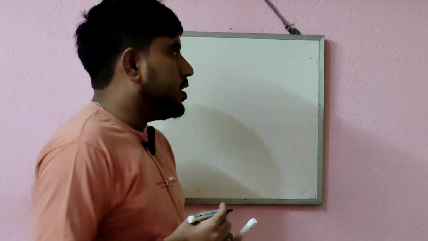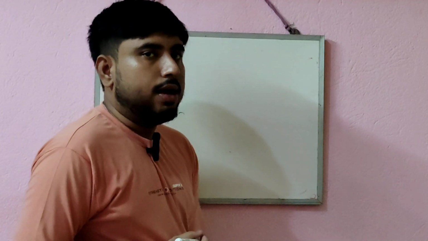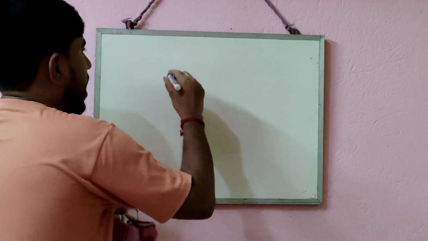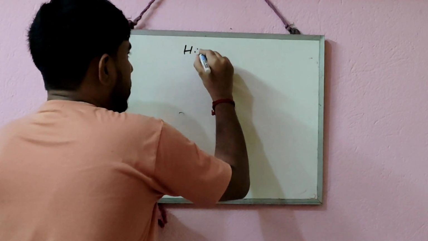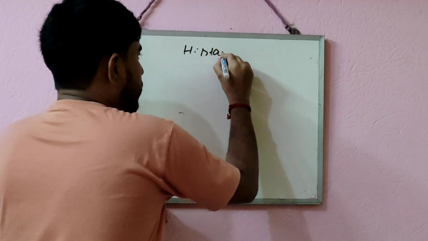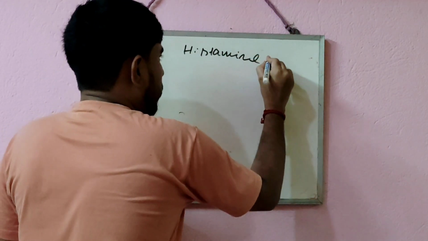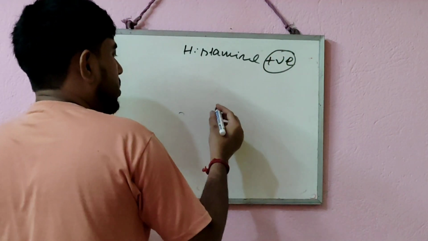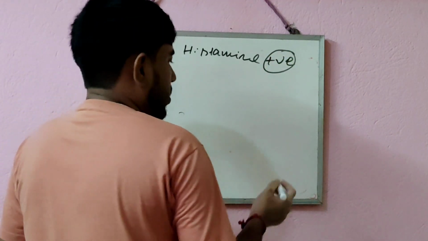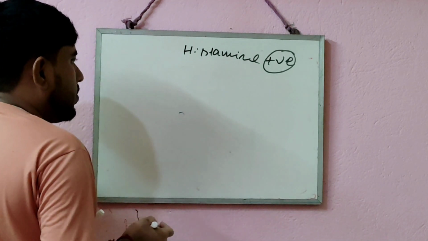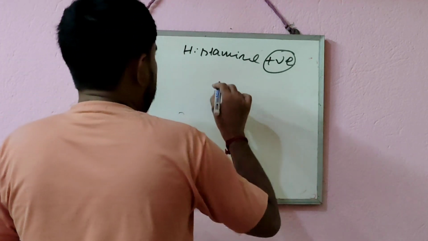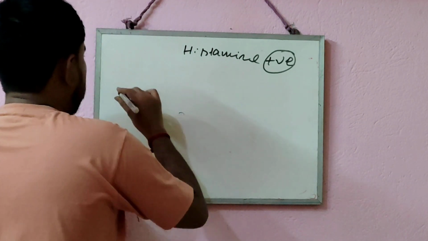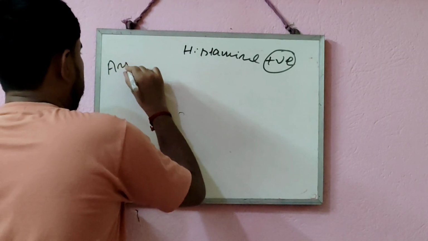Whatever I have discussed till this slide was about the actions of histamine in a positive way, that is, what histamine does in our body. But in this upcoming slide, I am going to discuss the antagonists of histamine.